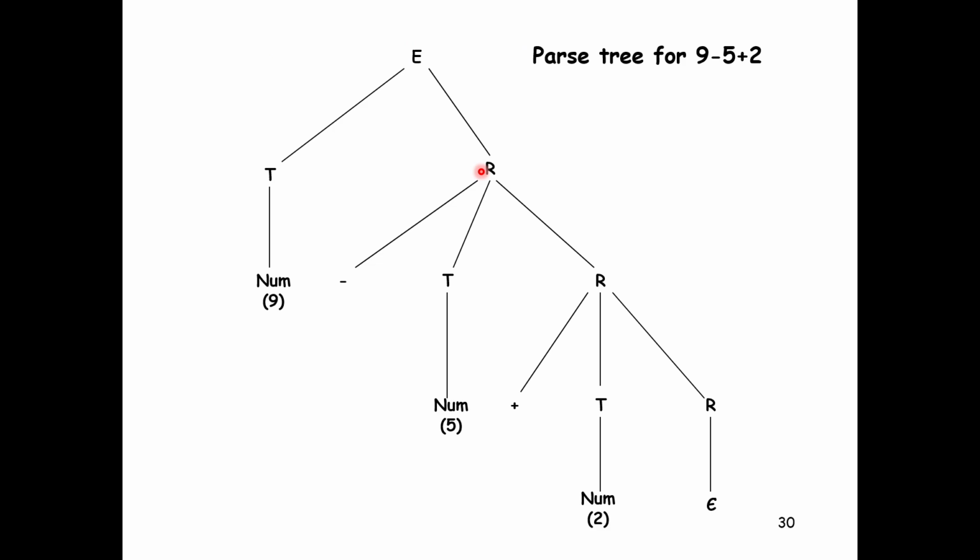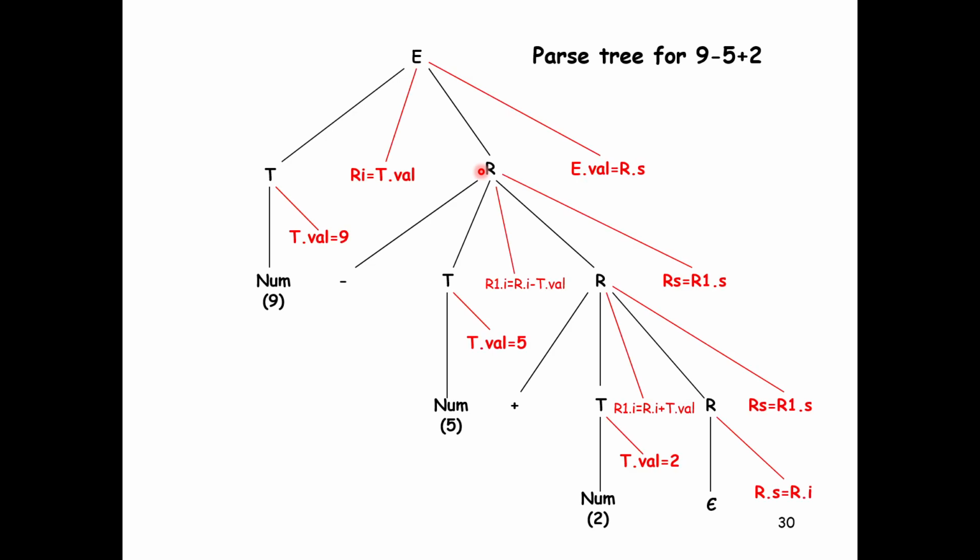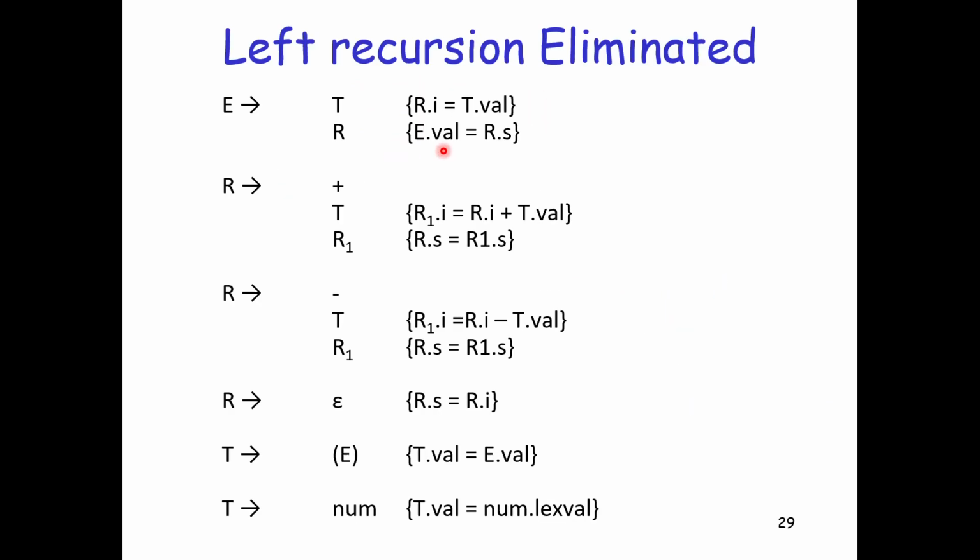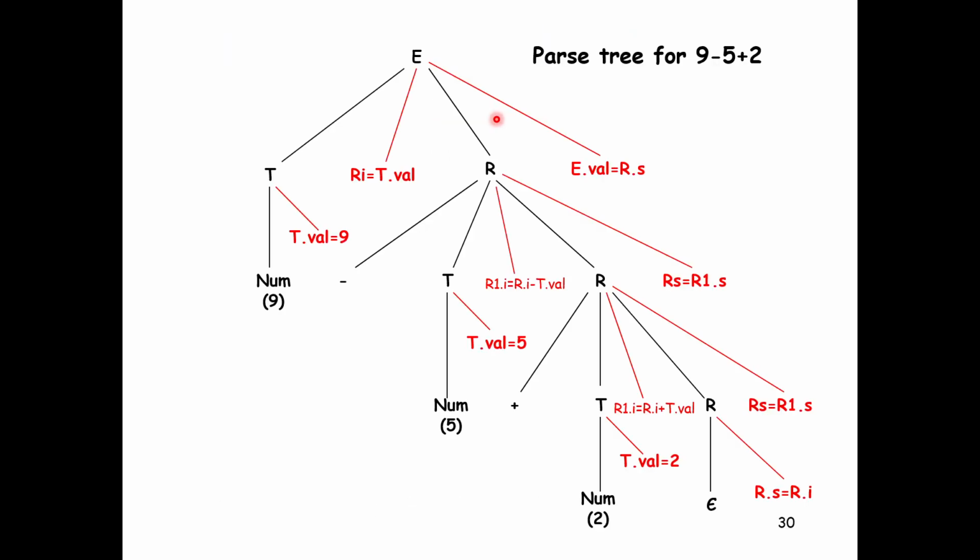It will be copied to E gives TR. Coming to this, you can see that R dot i is equal to T dot val. That means this 9 will be copied to R dot i.